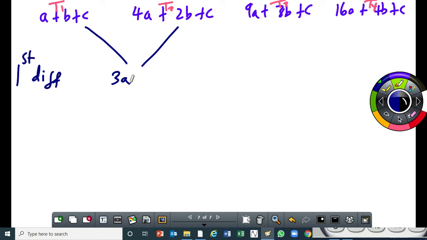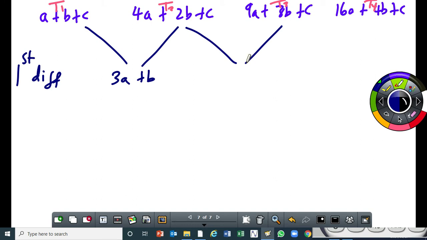Generally you won't get questions like that in reality because the quadratic pattern is very complex. Right? So 2B minus B, C minus C. What is C minus C? 0.